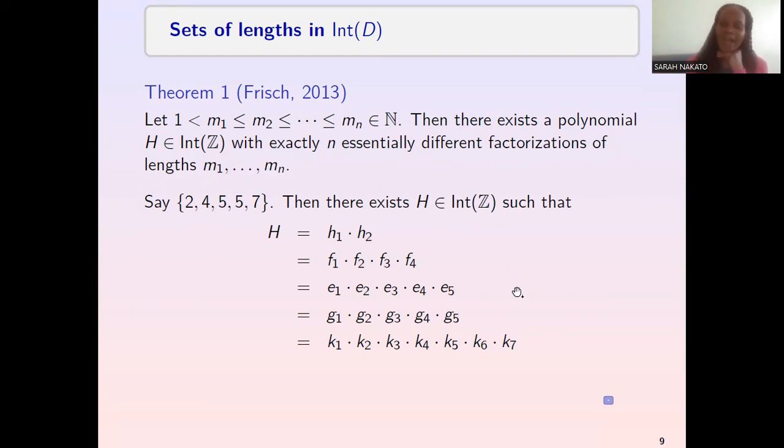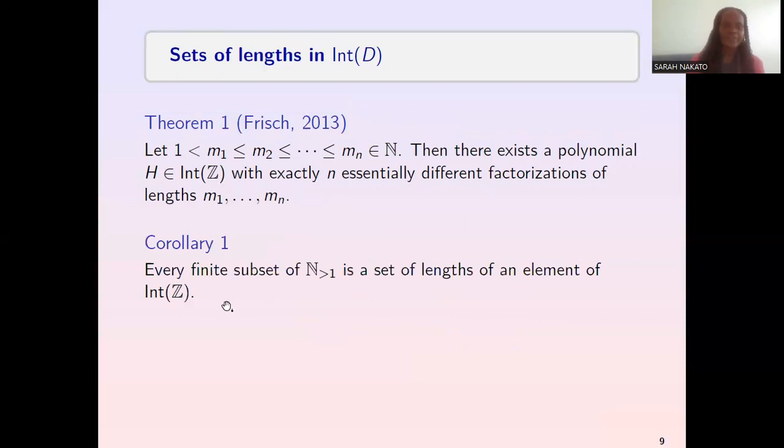Now, because we don't allow multiplicities in sets of lengths, what does it mean? It follows that every finite subset of natural numbers greater than 1 is a set of lengths of an element of Int(Z). So any finite subset we pick, as long as the numbers are greater than 1, is a set of lengths of an element of Int(Z).